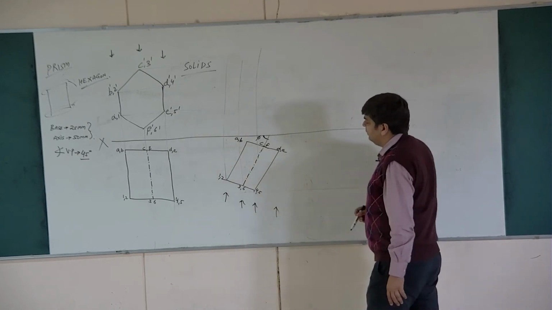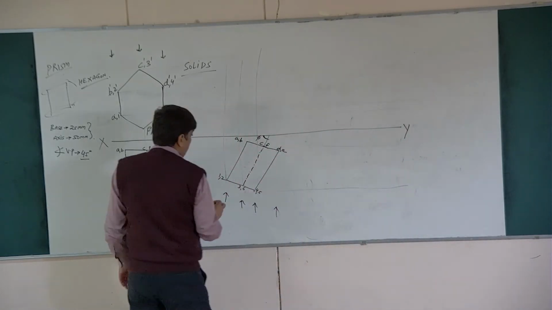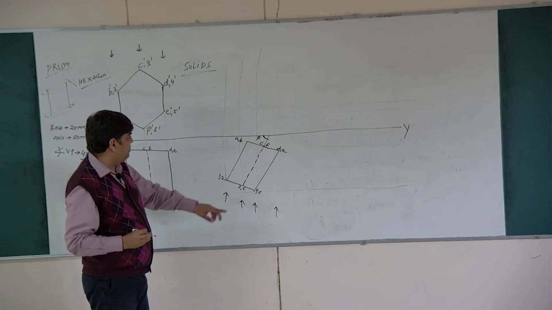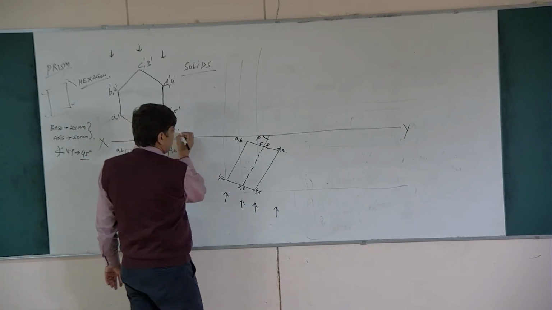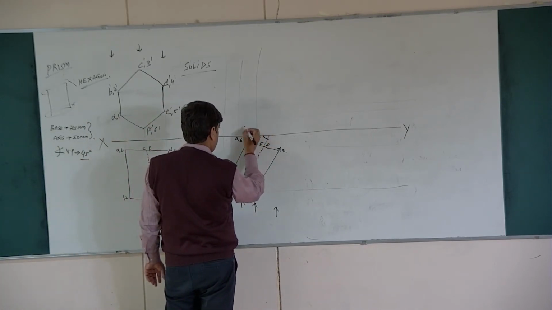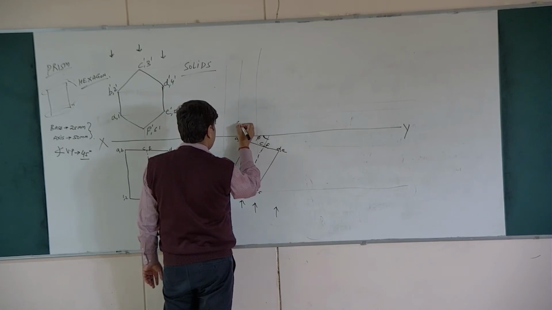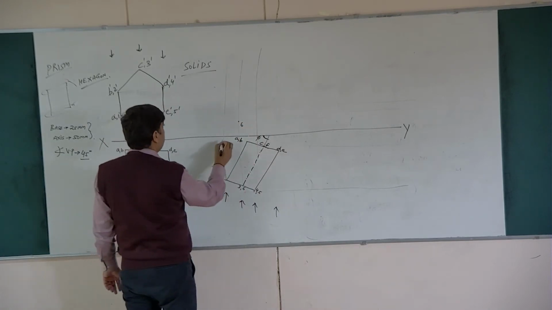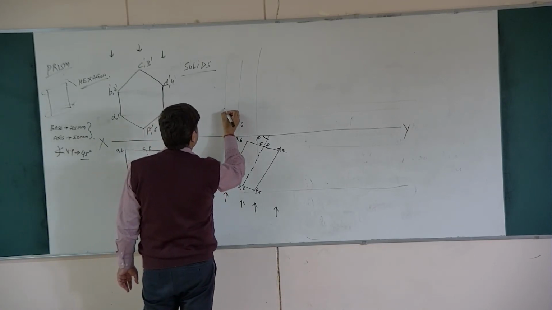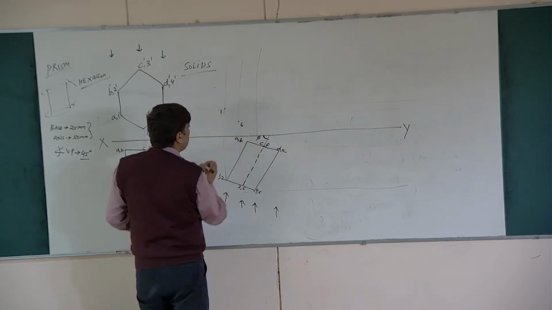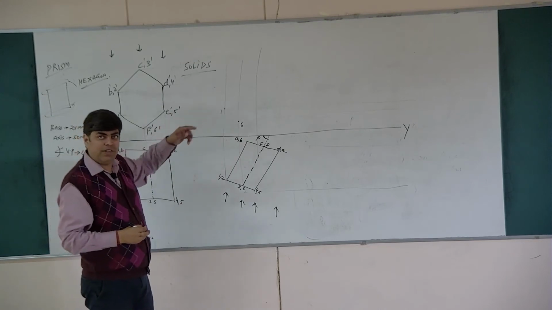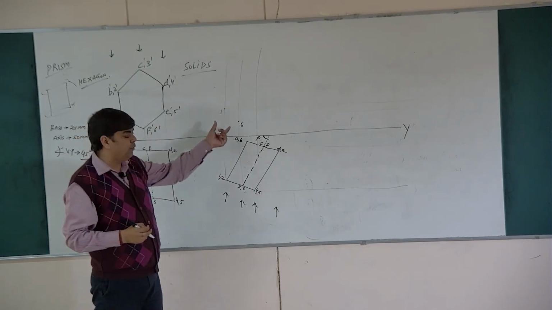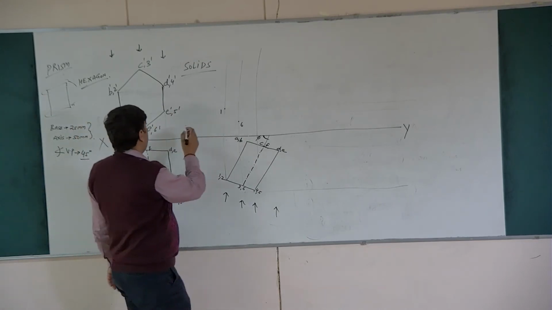Okay. So first of all we will locate 1, 2, 3, 4, 5, 6. Where will 6 come? This is 6. This is your 1, 2. How will this come? Intersection of projector and locus. Whatever point that we get, then we will locate those points.